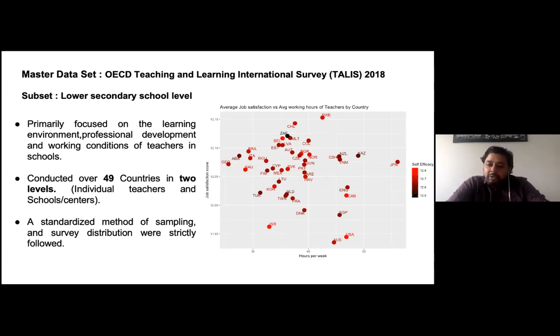They also work pretty high working hours per week compared to countries like Brazil, Chile, and Finland, of course. And here Sweden has a higher job satisfaction rating, as well as a little higher self-efficacy. And Japan has higher work hours.